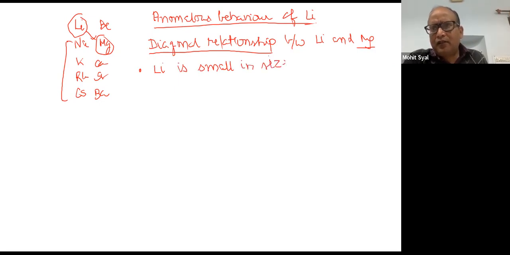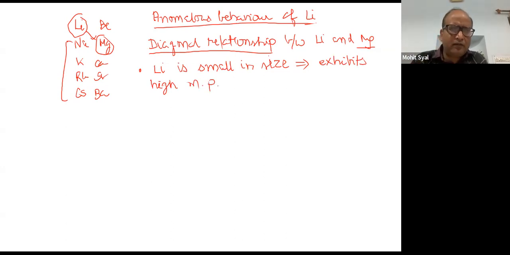And due to its small size, it exhibits a high melting point with respect to other elements. Lithium has a high melting point and it is harder.